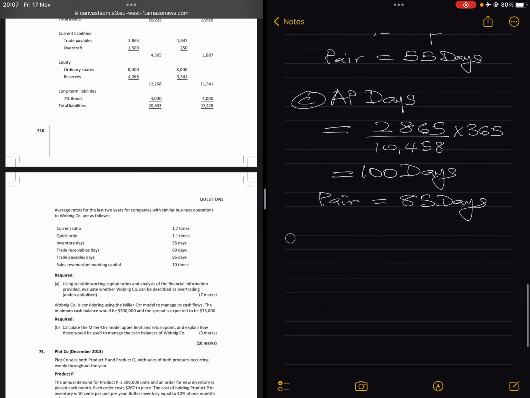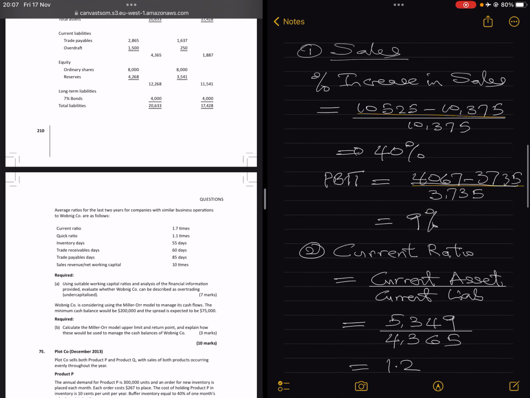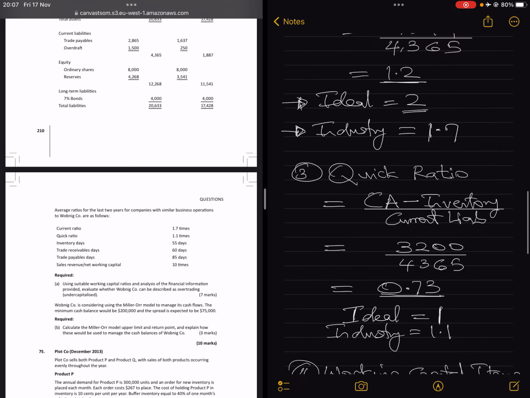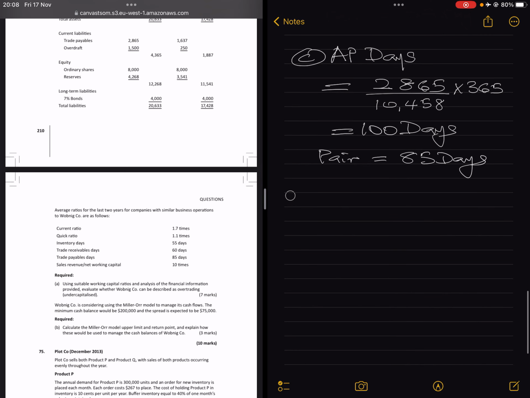And let's see other options that we're looking at to assess this company: short-term funding and long-term funding, 5 and 6. And this just nailed it for us. Short-term funding. We already saw that AP has gone up. Now let's see what has gone up with overdraft.